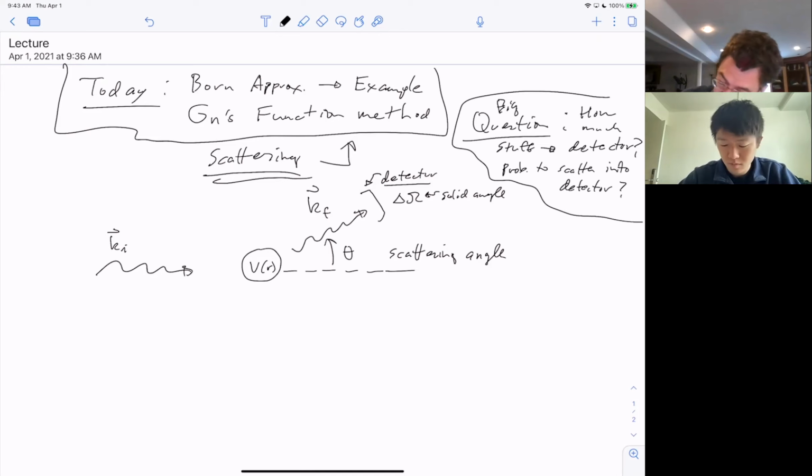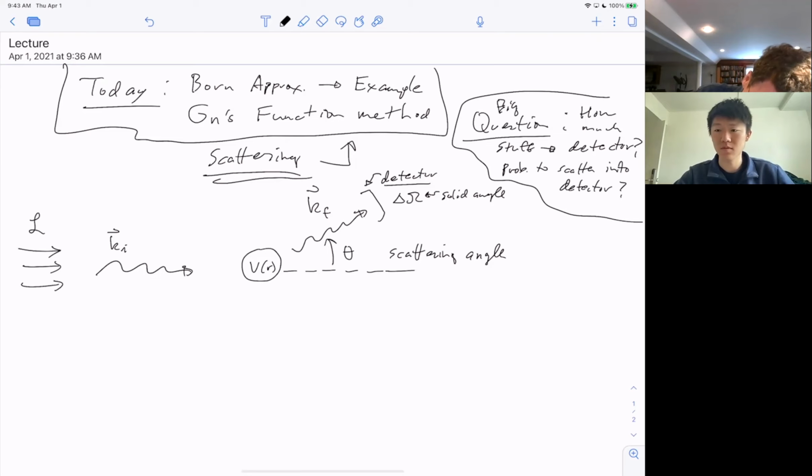The simplest idea is that there is some luminosity going at the potential, and that luminosity is the stream of particles. This is classical thinking, but it's the number of particles per time per area.